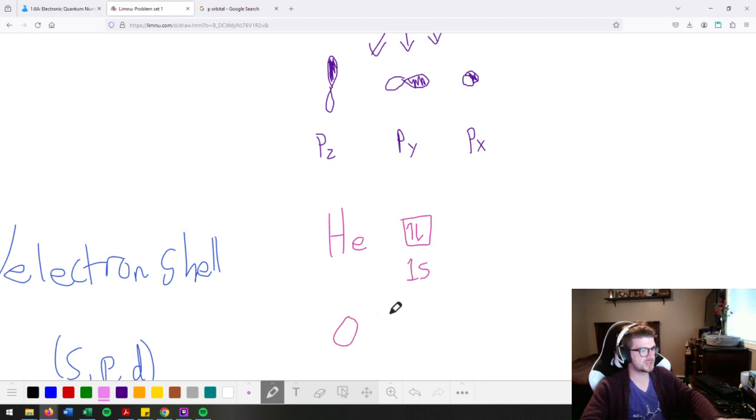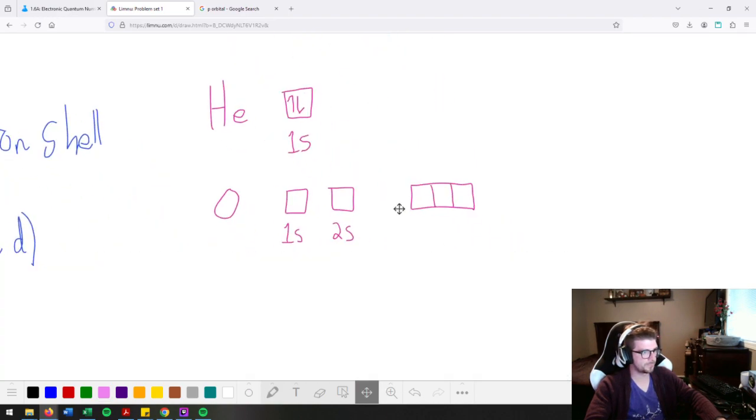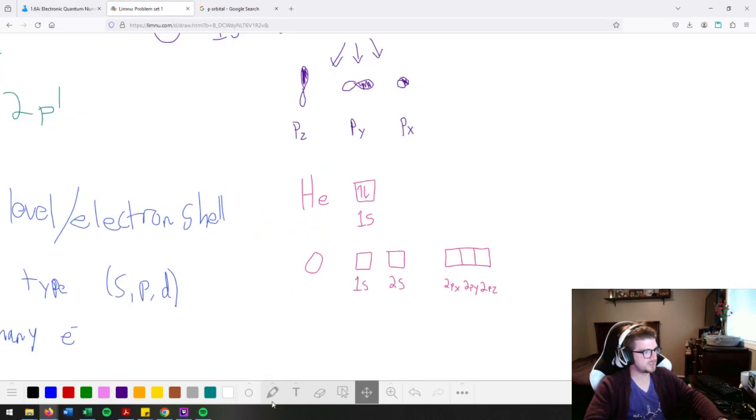And if we go to oxygen, we would go like this. So this is 1s. This is 2s. And this is 2px, 2py, and 2pz.